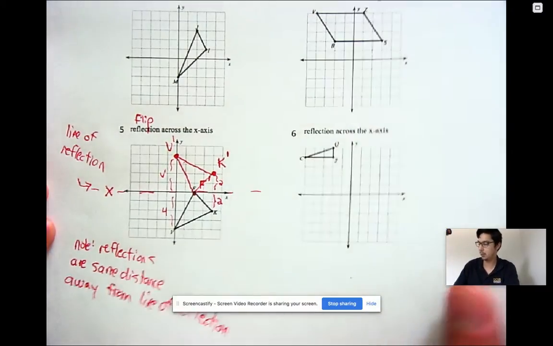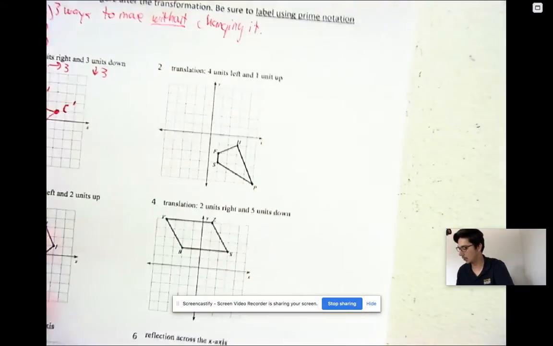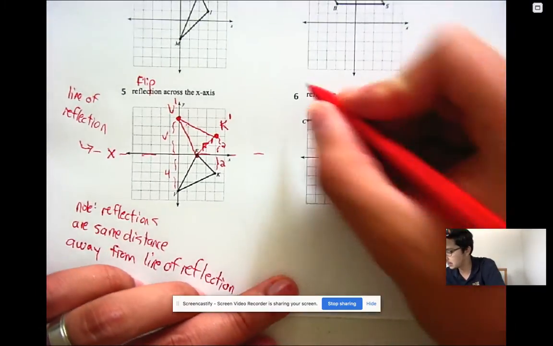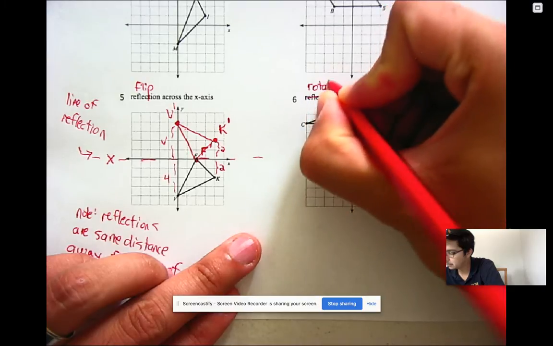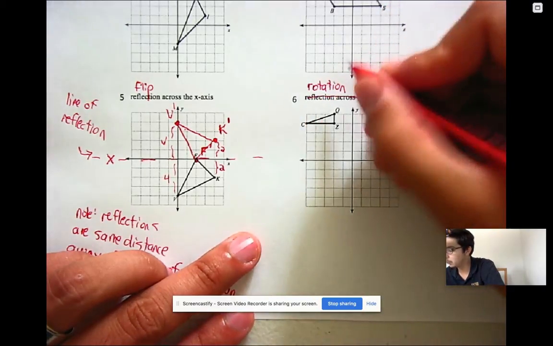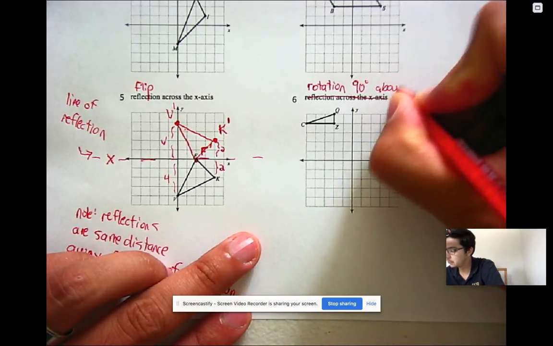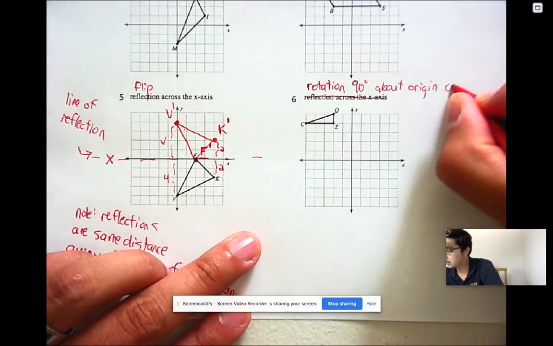And then the last one is rotations, which I do not have. So let's look at, say, I'm going to change this one. So for our purposes, say this says rotation, and we'll do 90 degrees about the origin, and we're going to go clockwise.